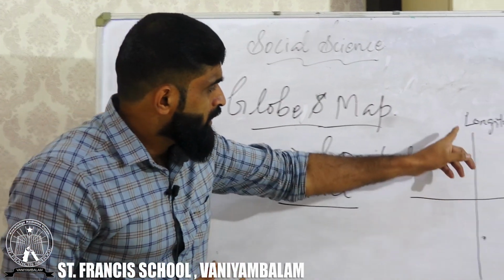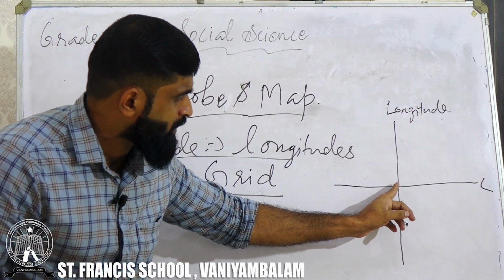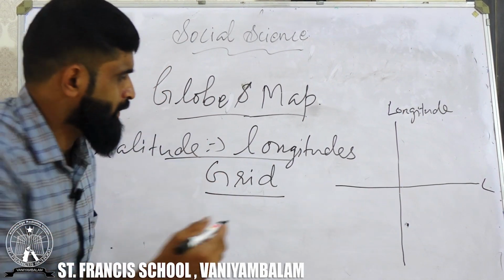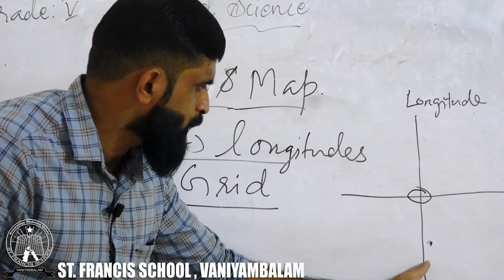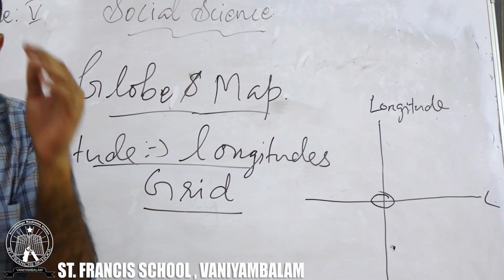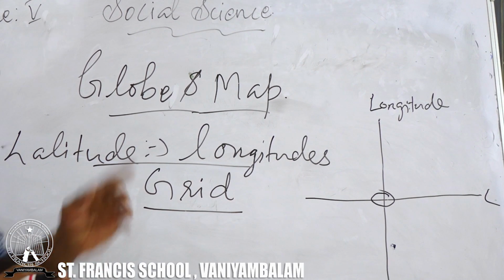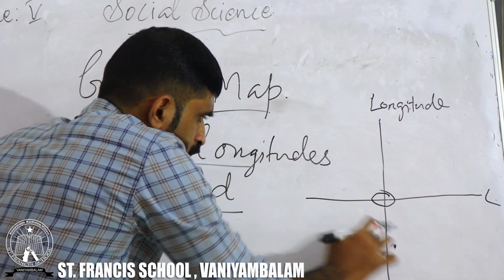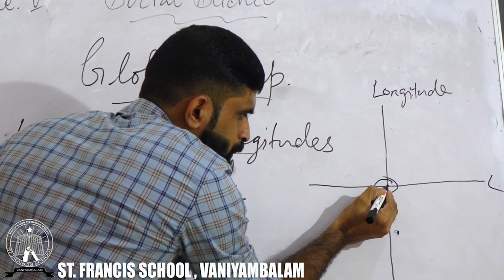So this longitude and this latitude are intersecting here, meeting here. This is the meeting point of longitude and latitude. Before understanding grid, we need to understand that longitude and latitudes are intersecting at a point.